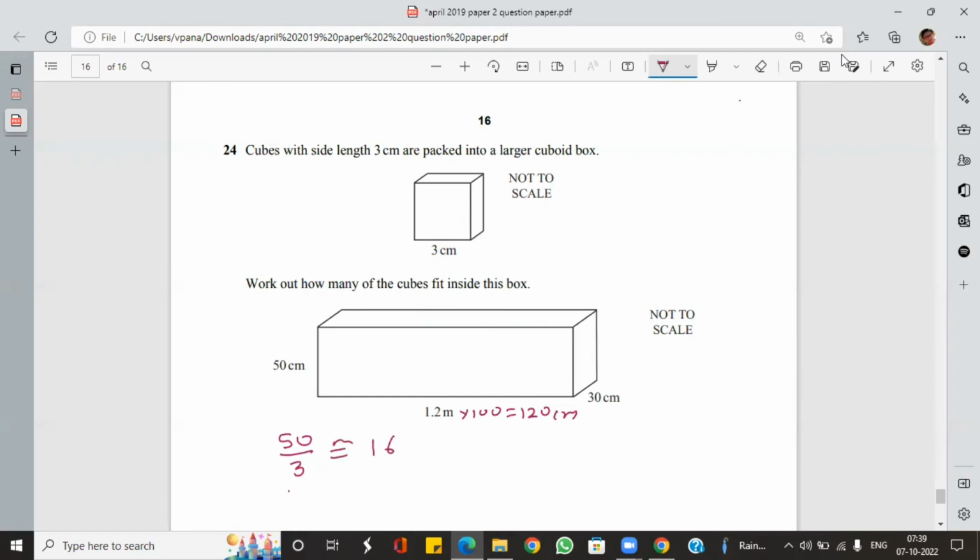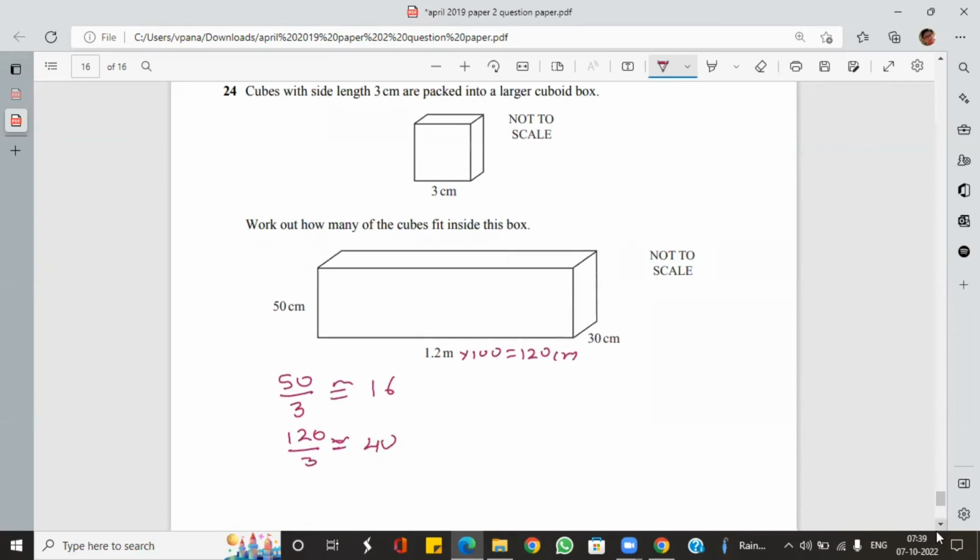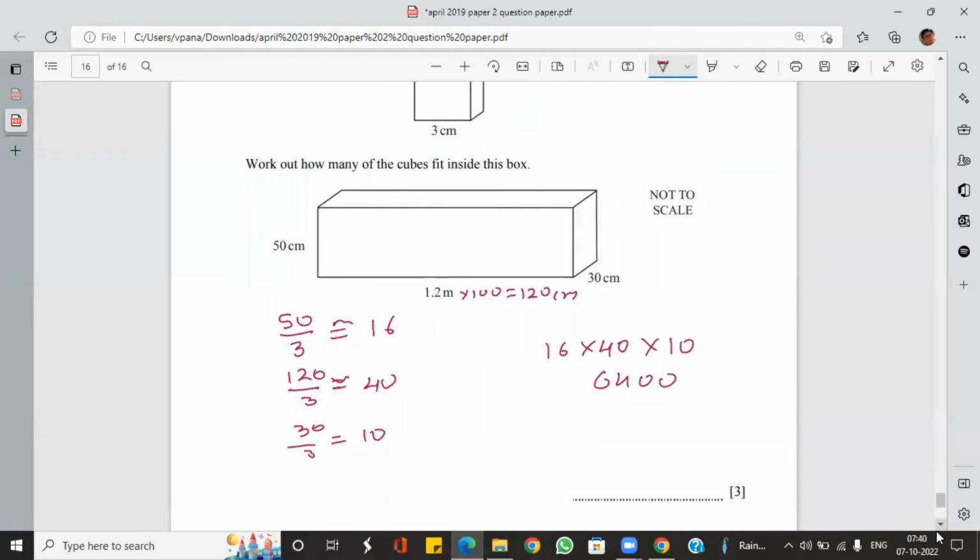Then 120 divided by 3 is exactly 40. And also 30 divided by 3, which is 10. So the number of cubes which can fit will be of these dimensions, that is 16 times 40. 16 times 4 is 64 and these two zeros. So 6,400 cubes can fit into the cuboid of this dimension.